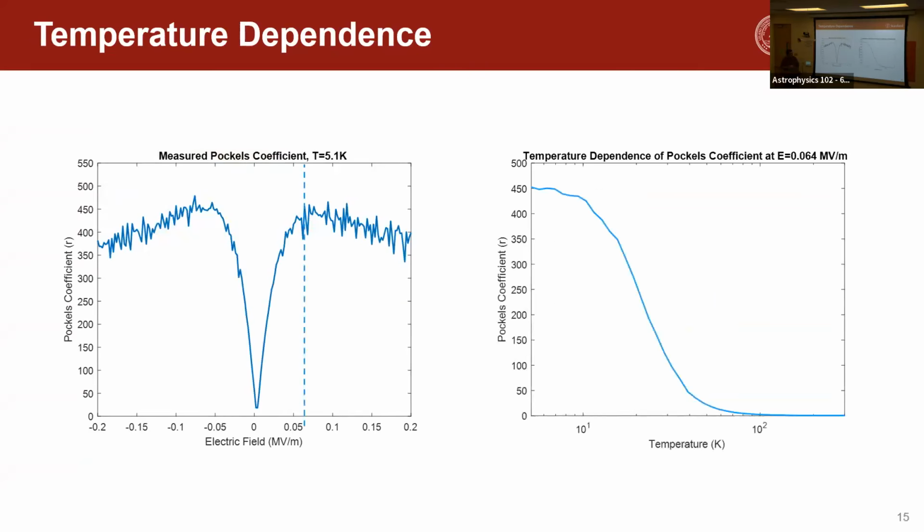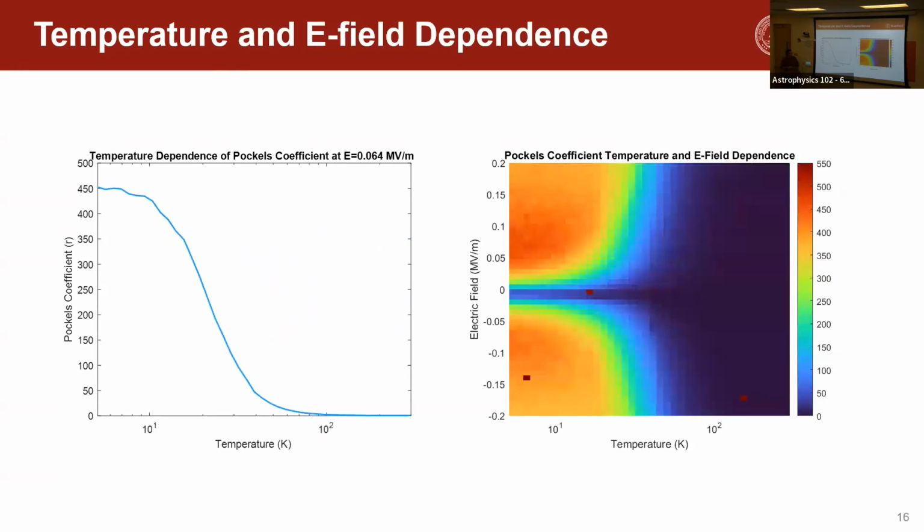We can, of course, check the temperature dependence of our electro-optic response as well. And we see, as we expect, a sharp decrease as we're going from this quantum paraelectric to a classical paraelectric phase. And we also look at our entire phase diagram of temperature and electric field, and indeed see that we're optimized at this specific non-zero electric field.